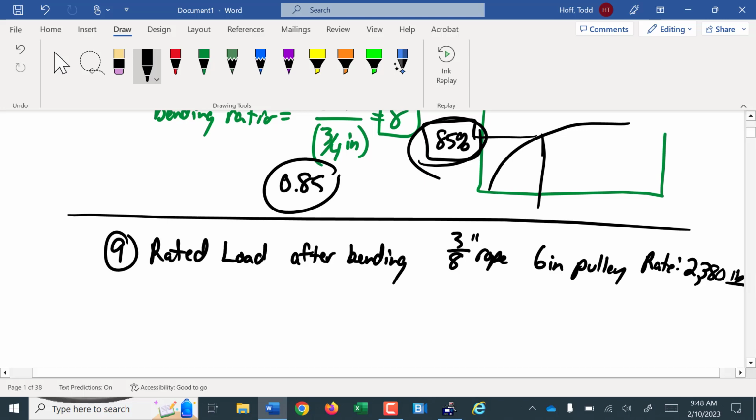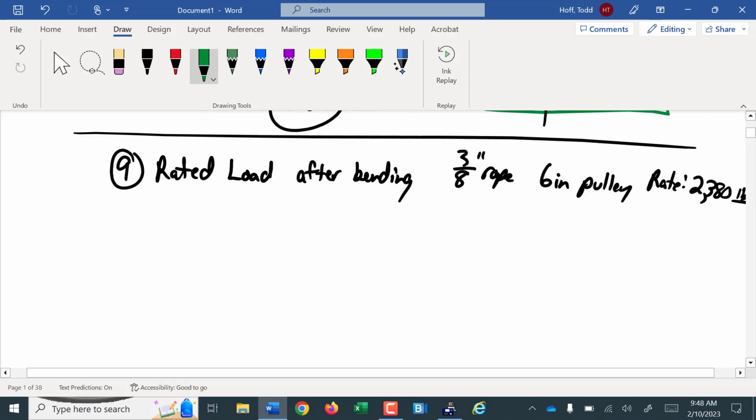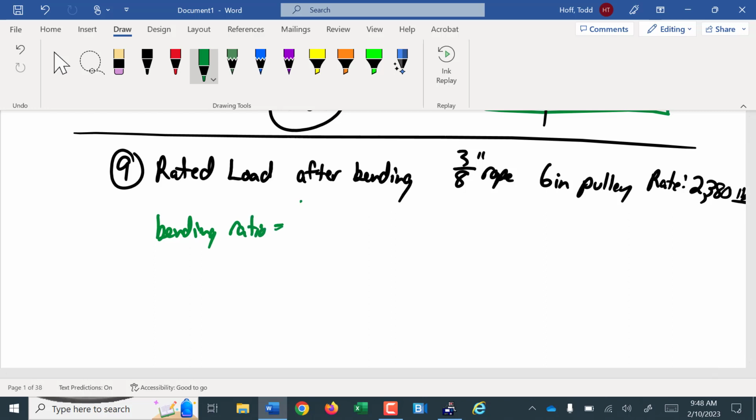So we just have to go back through the whole process. We start with the bending ratio. Bending ratio will be found doing what? 6 divided by 3/8, which is going to give us 16.